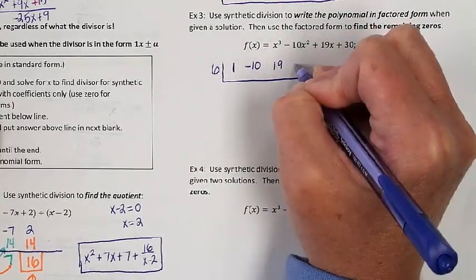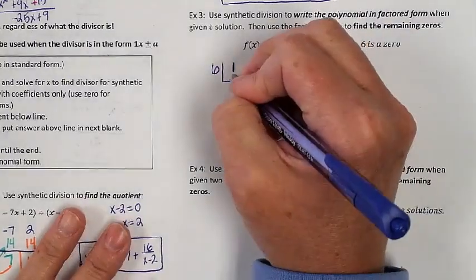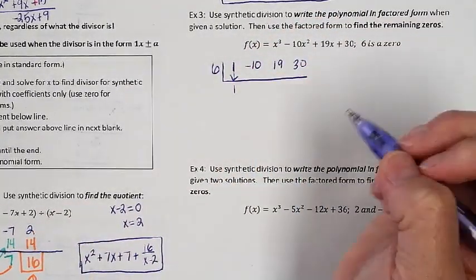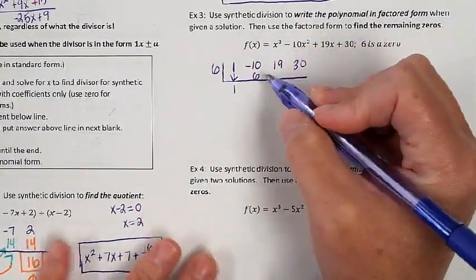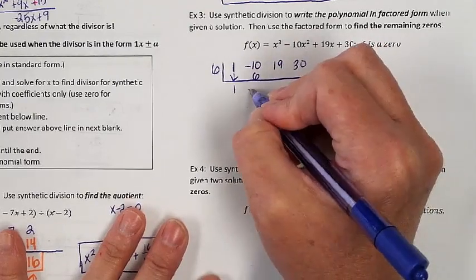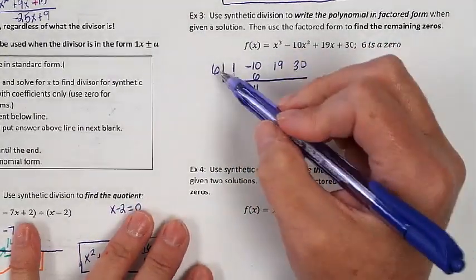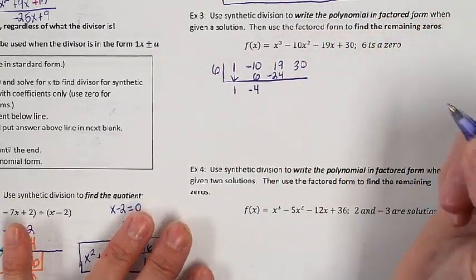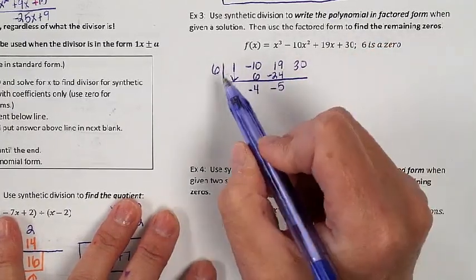Now we're going to divide, bring down the 1, multiply and add, so 6 times 1 is 6. Add down, negative 10 plus 6 is negative 4. Multiply again, 6 times negative 4 is negative 24. Add down, 19 minus 24 is negative 5. Multiply again, 6 times negative 5 is negative 30. Add down and we get 0.